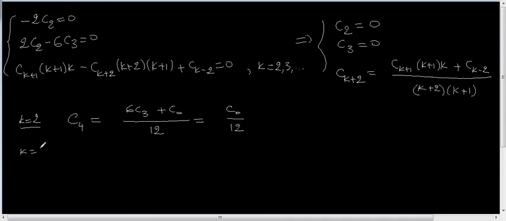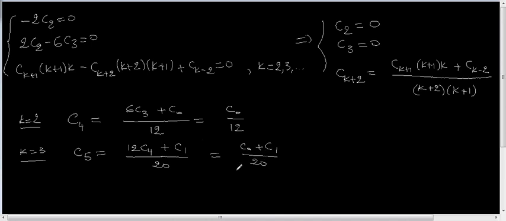When k equals 3, we should obtain c5. For c5, we obtain here 4 times 3, that means 12 c4, then plus c1, over, when k equals 3, we obtain 20. Since 12 c4 will be c0, we get c0 plus c1 over 20. You can continue the process.